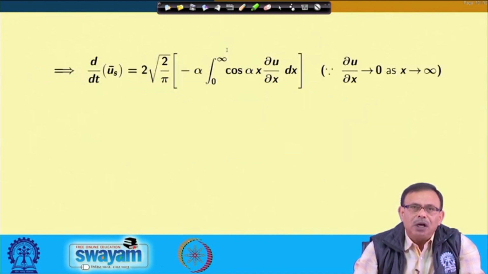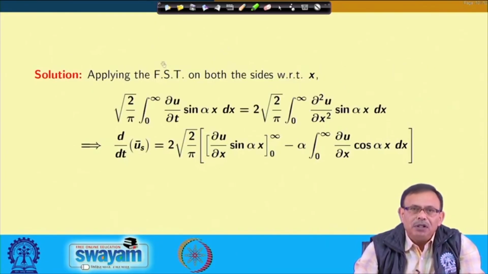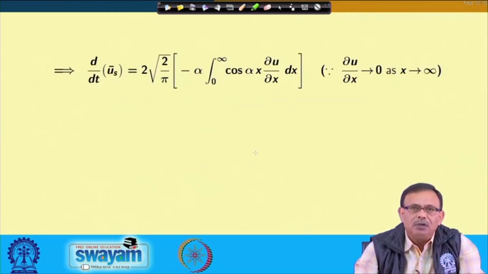Using the condition del u del x approaches 0 as x approaches infinity, the first term, this limiting term, will vanish, where you are putting the limits of x from 0 to infinity. So, only the second integral will be there.